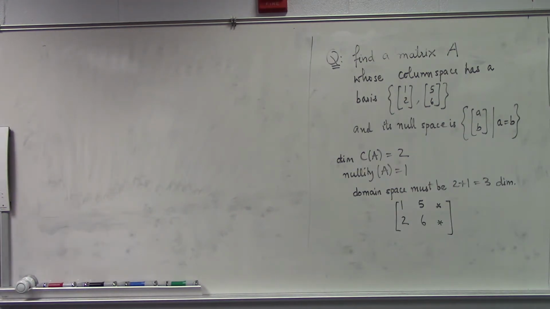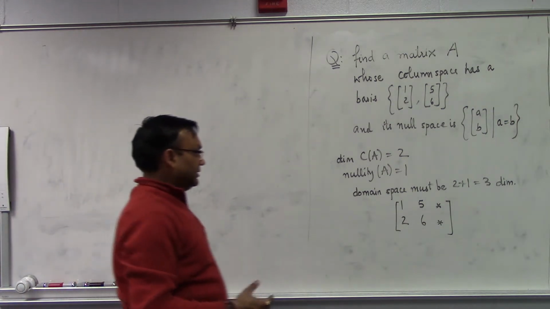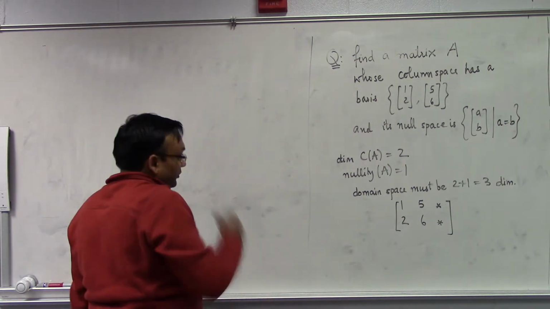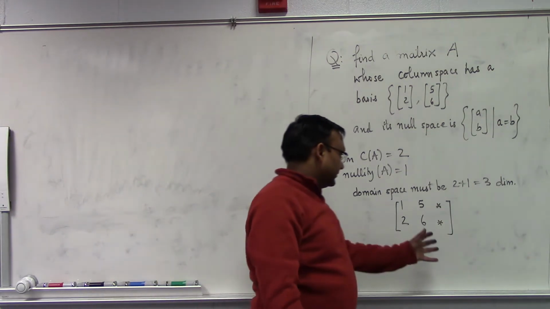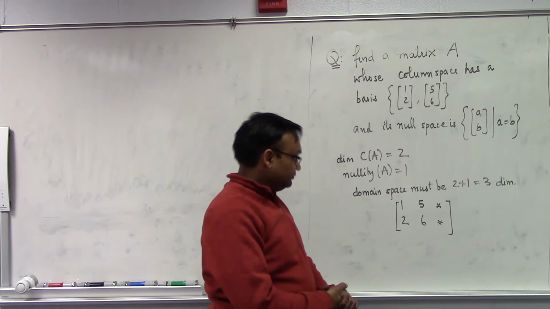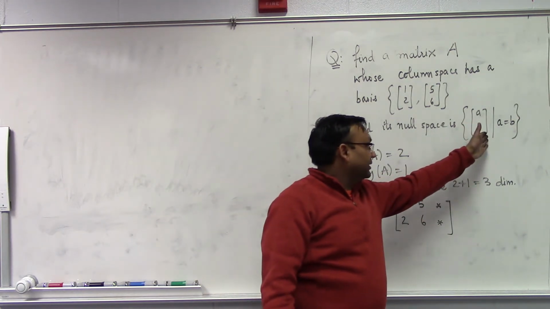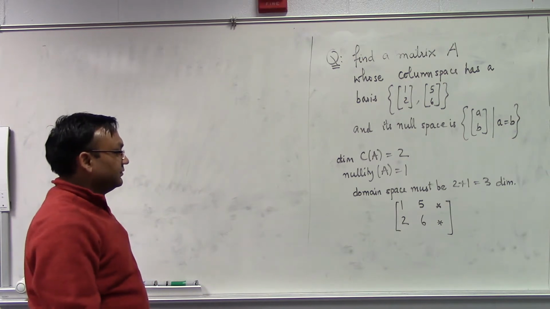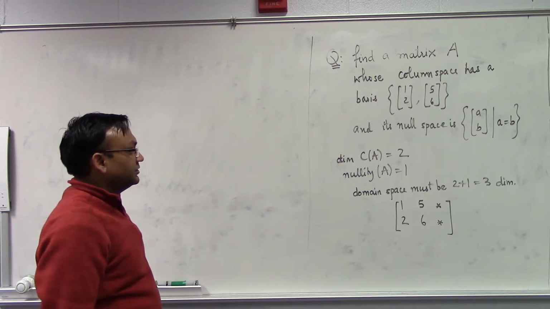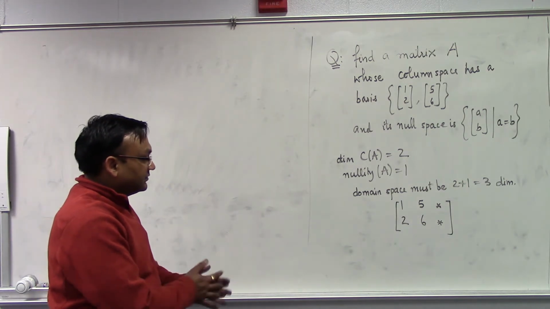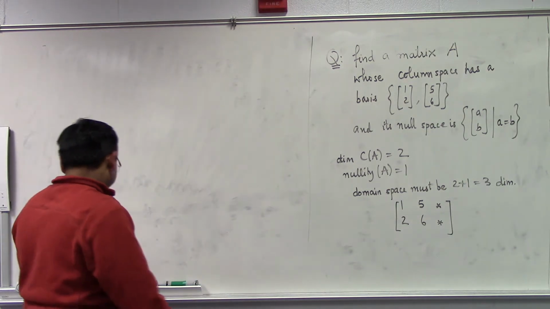If the dimension of the domain space must be 3, then would you agree that the null space would be a part of the 3-dimensional vector space? So definitely the null space cannot be a subspace of the 2-dimensional vector space. That is kind of ridiculous for us to even ask this question. Such a thing cannot happen because the null space will not be fitting inside this.